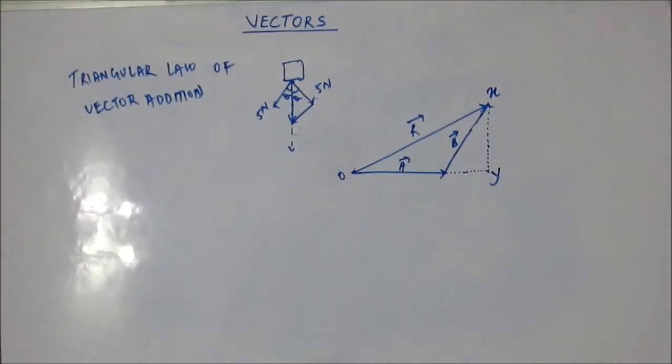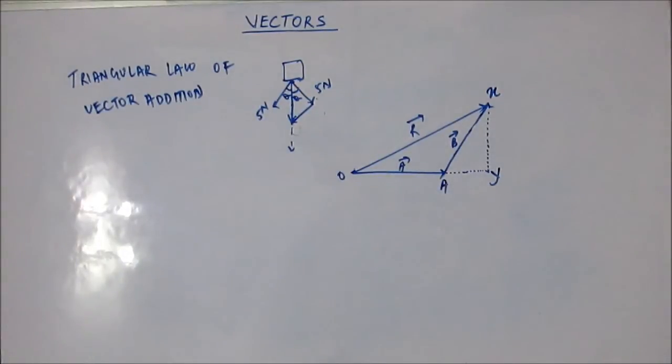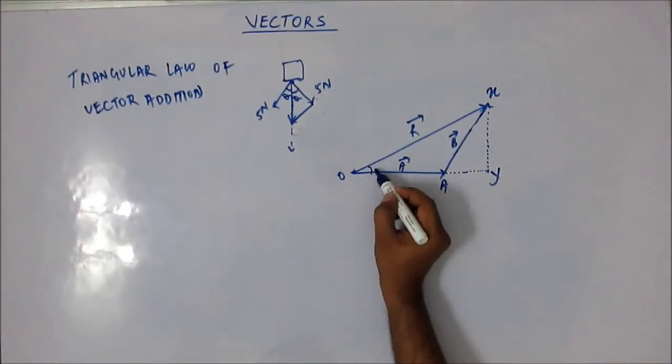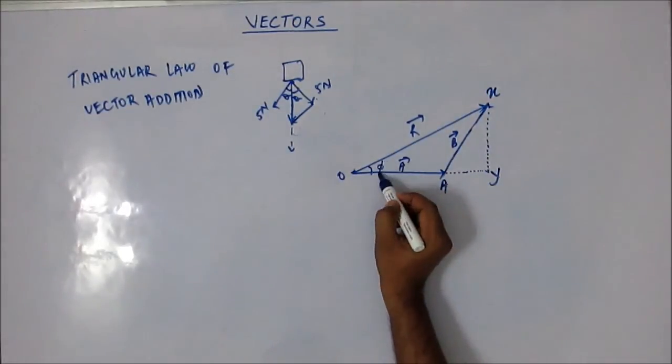This seems better. OXY. Okay, and this may be A. Now this is simple trigonometry, the trigonometry that you must have studied in class 10th. Simple one. Now this angle, let me call this as phi.